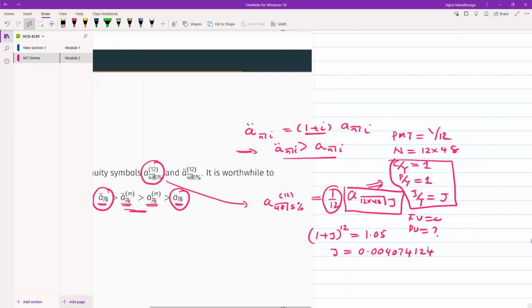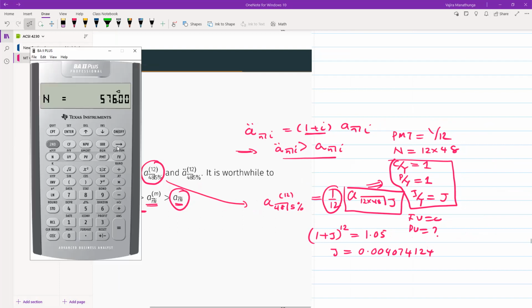Not decimal. Remember, in the calculator you are entering a percentage. So your rate is 0.74123 for I/Y. Payments per year is 1, and 0 for future value. And compute present value, and I would get 18.49. So that's the present value.